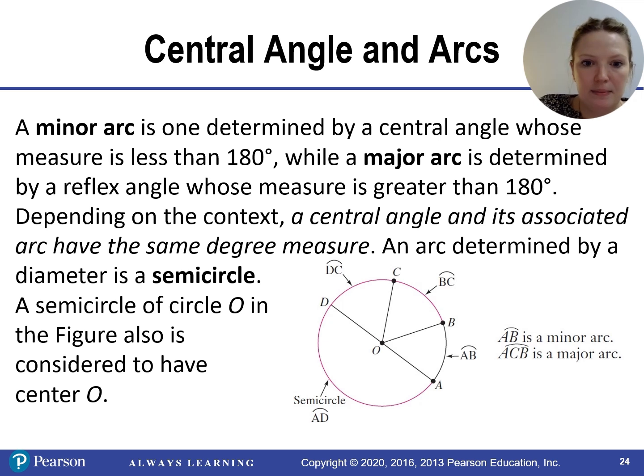So AB is a minor arc in this picture, because the measure of the central angle, the angle that goes from B to the center of the circle to A, is less than 180 degrees. So that's why it's called a minor arc.